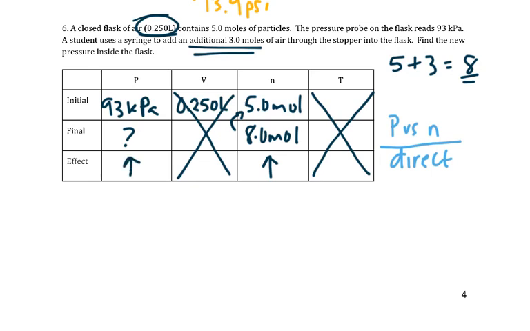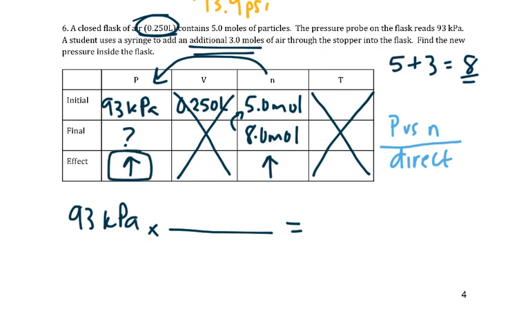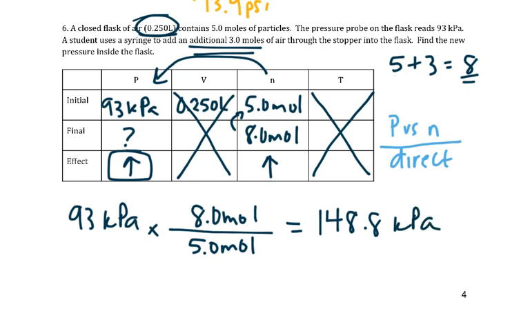So now go ahead, start with your initial pressure and set up. In this case, it's just one step because the amount of moles is the only thing acting on the pressure. According to our effect arrow pointing up, that means the larger number for the amount is going to go to the top. So your setup should look like that. When you plug it in, you get 148.8 kilopascals.